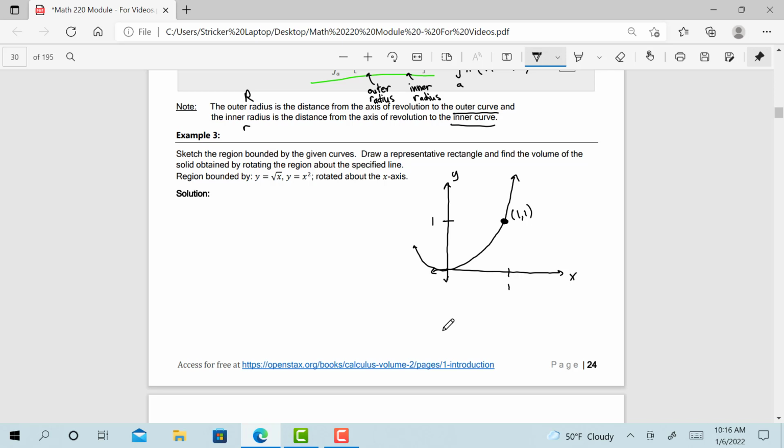All right, and then we have y equals the square root of x, which goes the other way, right? So this is y equals x squared. This is y equals the square root of x. We got our area there.